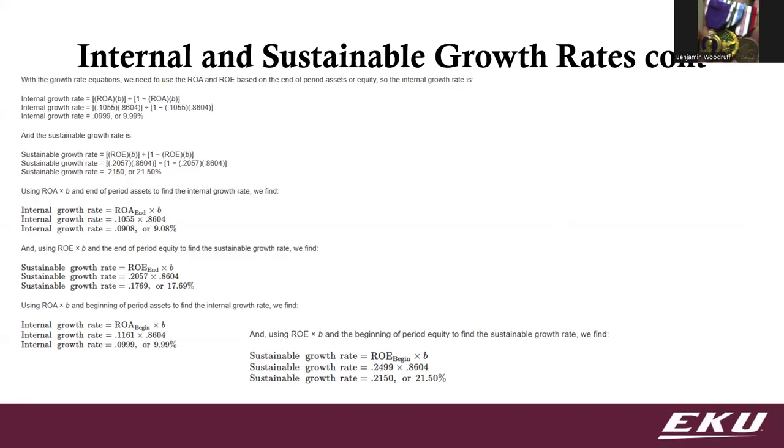And if I multiply that by the equity multiplier, that gives me the return on equity. So if your debt rate was already equal to zero, ROA is equal to ROE, and then internal and sustainable are the same. But if you have any debt at all, your sustainable growth rate is going to be larger than your internal growth rate.